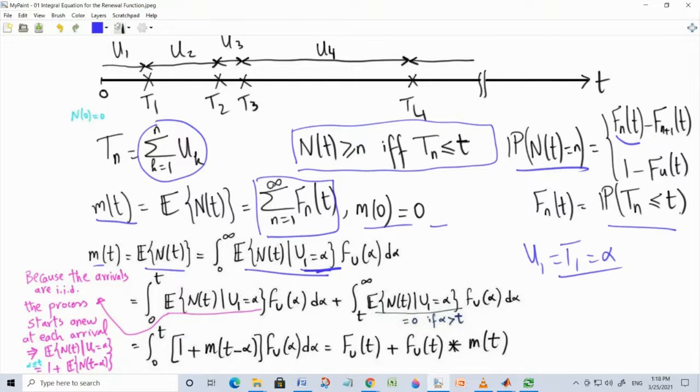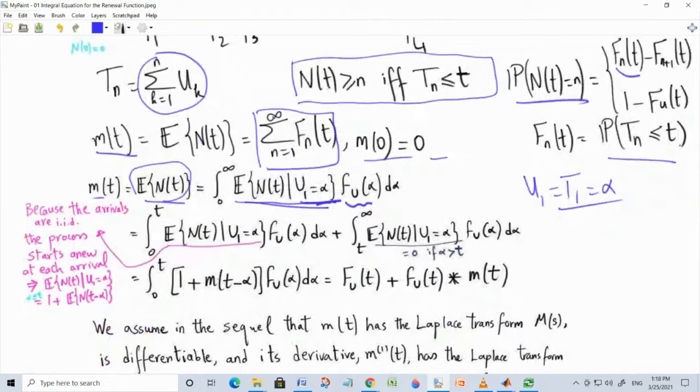We take the conditional expectation, multiply it by the PDF of the inter-arrival time, and then integrate from 0 to infinity. Then we can split the integral into two parts, from 0 to t and from t to infinity.